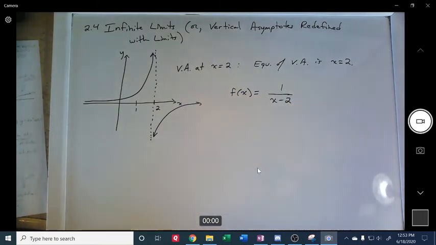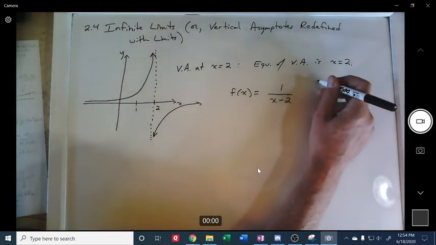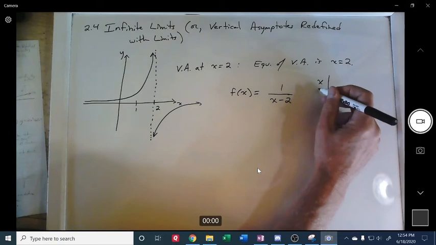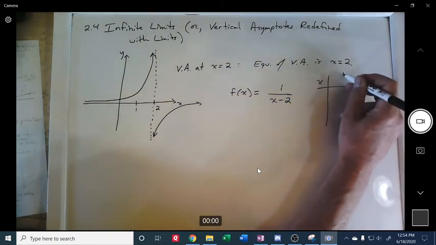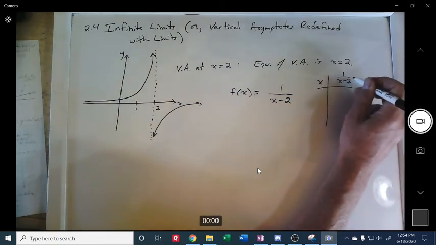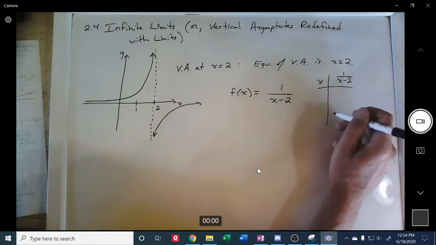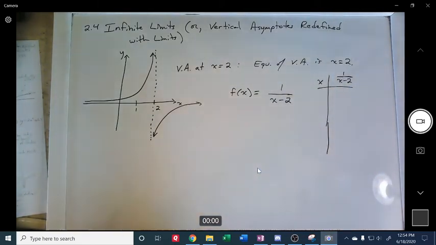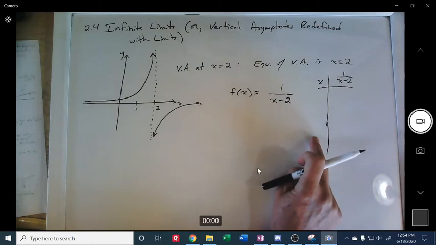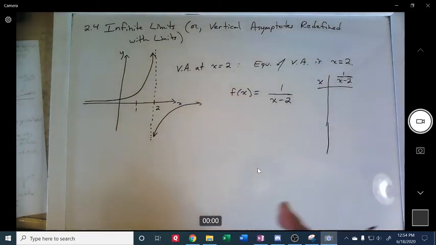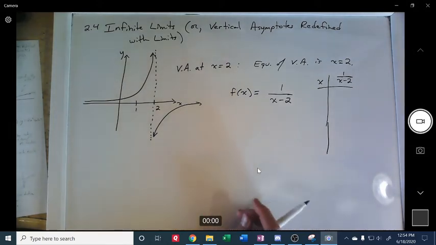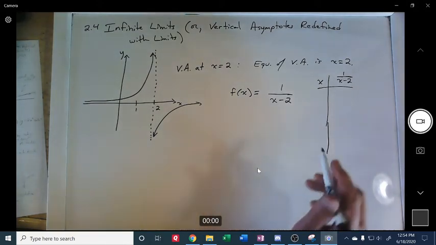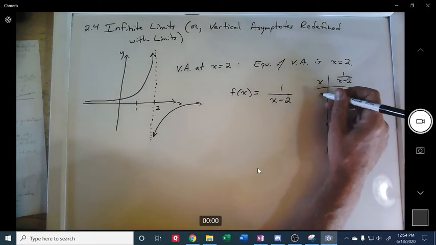Let's try 1 and see if this matches up with this picture right here. So, we'll make a little table. X, and 1 over x minus 2. And notice I cannot put 2 in. If I put 2 in as an input, I get 1 divided by 0. You can't do that. So not allowed. But let's put 1 in.